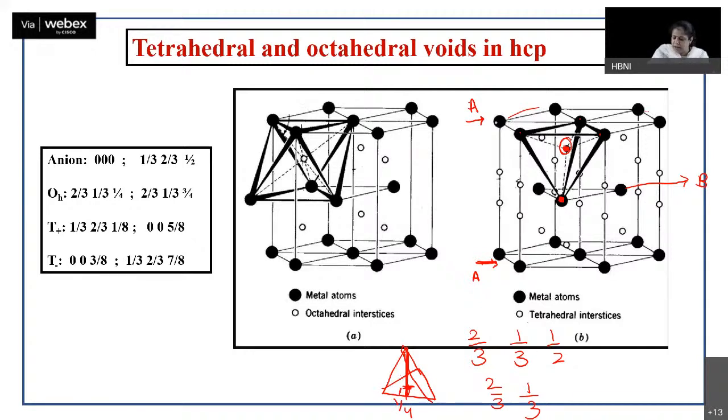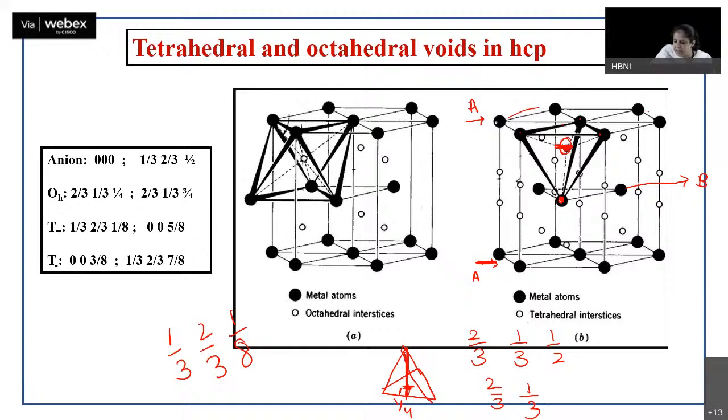Now, if this point was C equal to half, and this point is C equal to 1, then this point will be half, then 1, and you have to go 3/4 of this, which is 1/3, 2/3. Those are of course the x and y coordinates, and the z coordinate of this point would be 1/8.